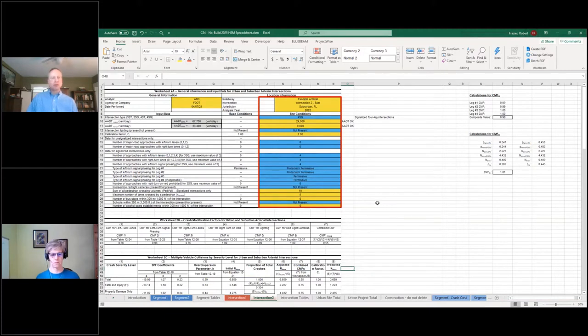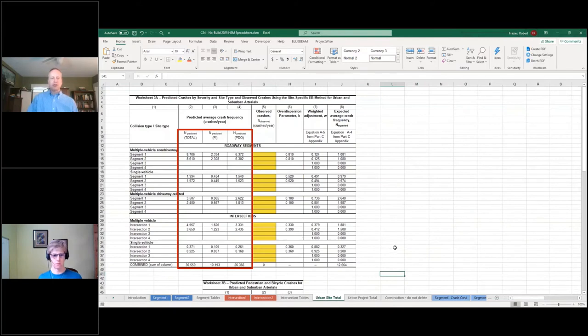So this all ties back to things Beth has been saying about the AADT. Sometimes we need slightly different information than the operations folks need. We want those daily volumes at these intersections. Okay, so now we go to the urban site total.